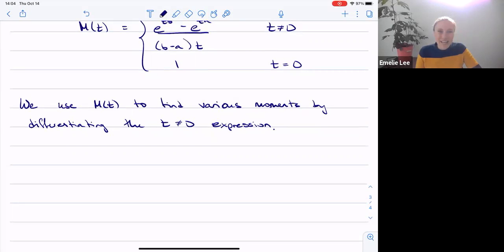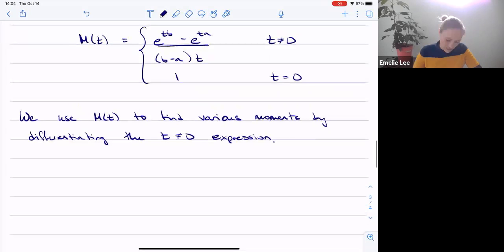I skipped ahead and I had another note that I wanted to write out, but it's okay because I think we already talked about it. We use the moment generating function M(t) to find the various moments by differentiating and setting t equal to 0.